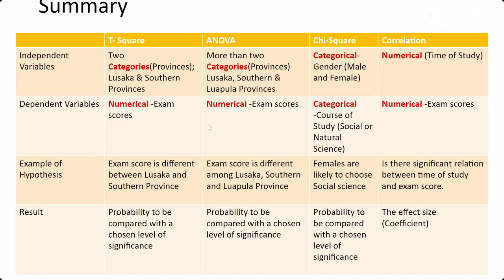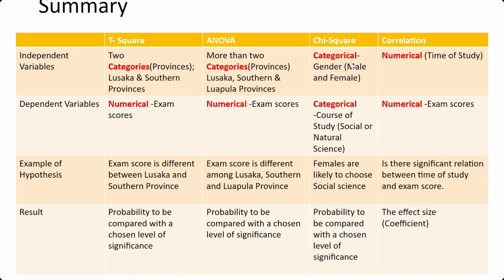The dependent variable is numerical, so we need to use ANOVA since we have got more than two categories. There is Southern, Luapula province under independent variable, and we have a numerical dependent variable. We use ANOVA.